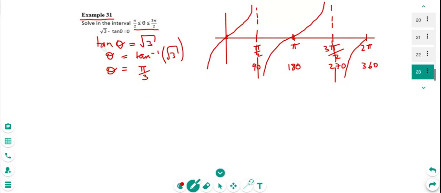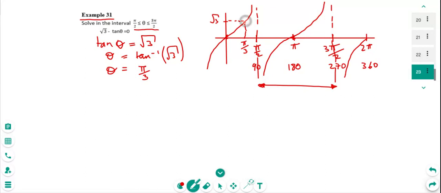And the solution that we've got for root 3, which is here, is pi by 3. But that's not in our range, because our range is actually between pi by 2 and 3 pi by 2. So we're looking for a solution in this range.